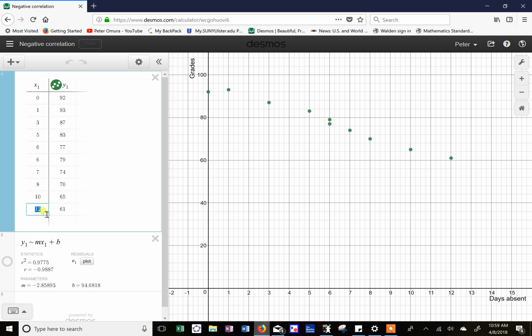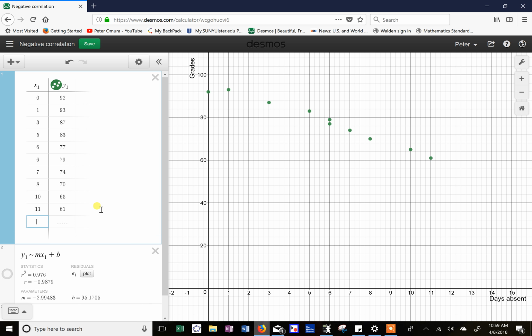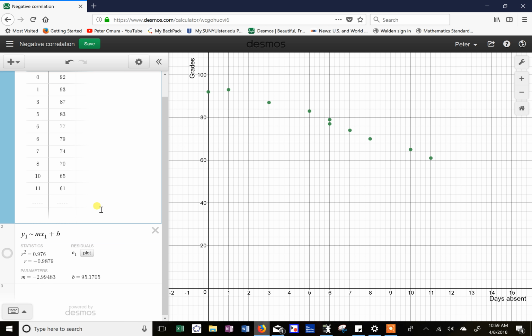My line of best fit has a slope of negative 2.99, which I'm going to round to negative 3, and my y-intercept is 95.